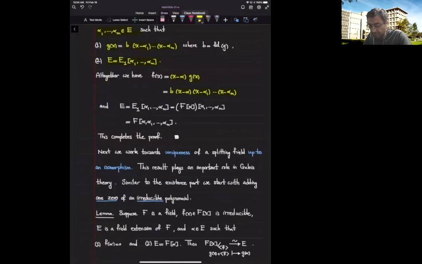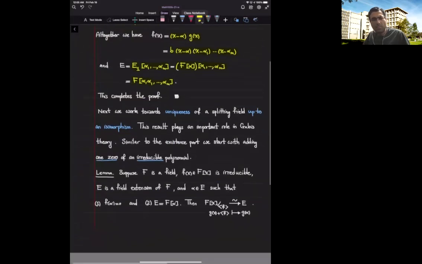And E is the ring generated by E1 and alpha i's. E1 itself is the ring generated by F and alpha. So if I put them together, I get that E is the ring generated by F, alpha, alpha 1, and so on. And that completes the proof of the existence of a splitting field.